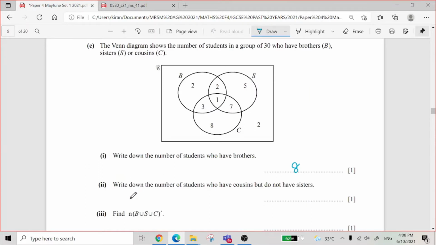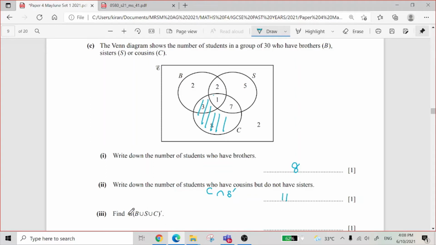Write down the number of students who have cousins but do not have sisters. Okay, cousins and do not have sisters. You can see here this is the part of cousin, and do not have sisters, the complement of S. So that is 8 plus 3, which is 11.